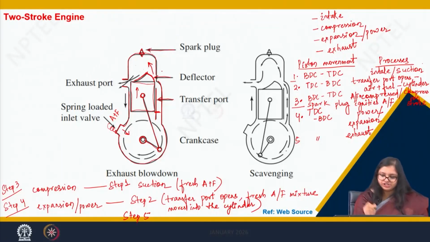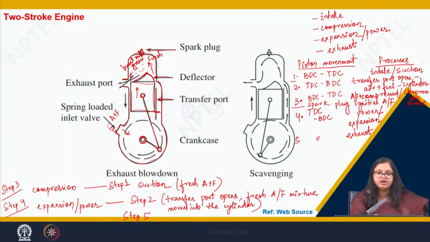That is, this fresh air fuel mixture is pushing the burnt out gases out of the exhaust port. That is why a deflector is given, so that when the transfer port opens, this fresh air fuel mixture does not move out of the cylinder through this exhaust port.